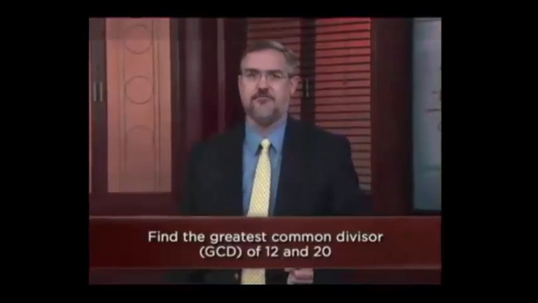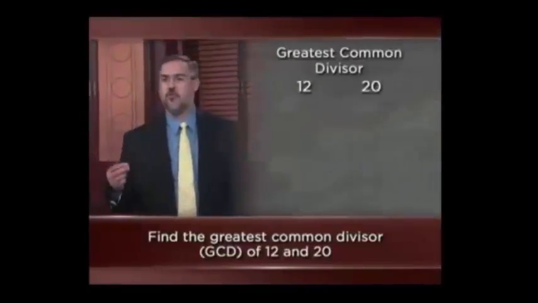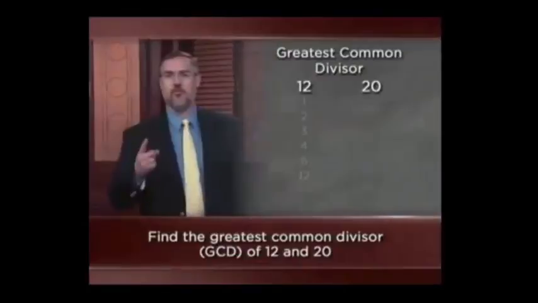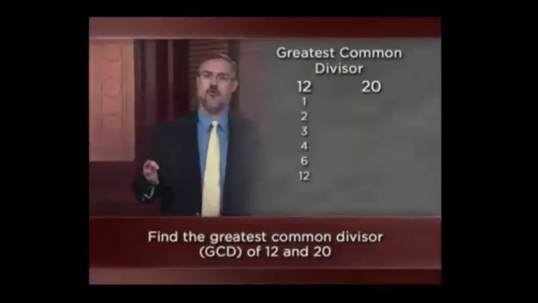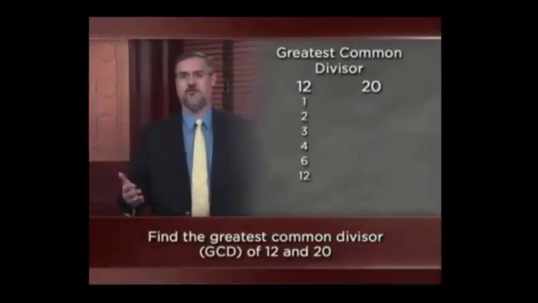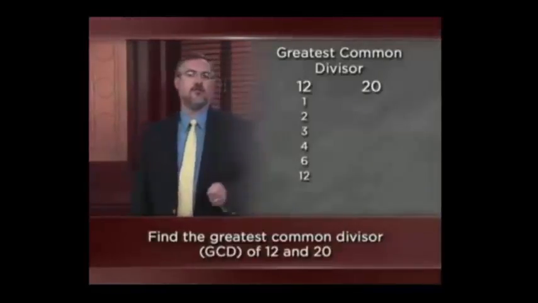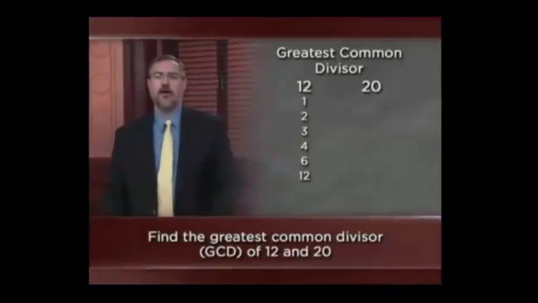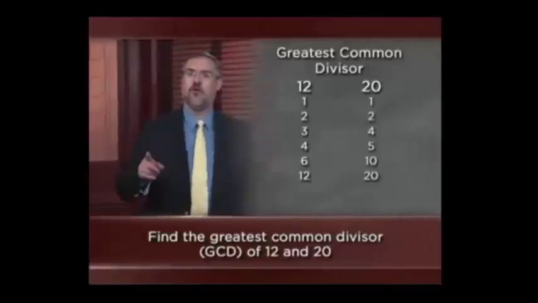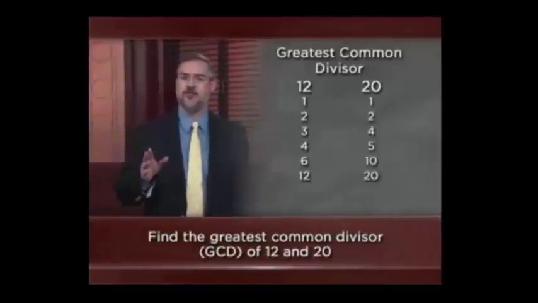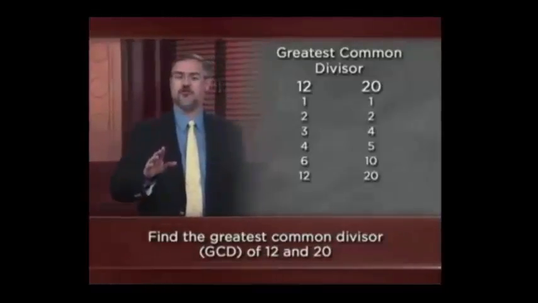So let's do that here. Let's write down all the divisors of 12 first. Well, they're going to be 1, 2, 3, 4, 6, and 12. No problem. Now, what are the divisors of 20? Well, they are 1, 2, 4, 5, 10, and 20. And now I ask you this question.